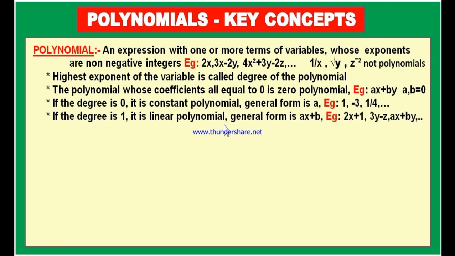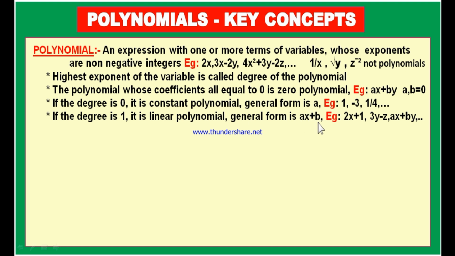Now, in any polynomial, if the degree is 1, then it is called a linear polynomial. The general form of the linear polynomial is ax plus b. Here, there is only one variable x, and the coefficient of x is a, and the exponent of x is 1. Isn't it?